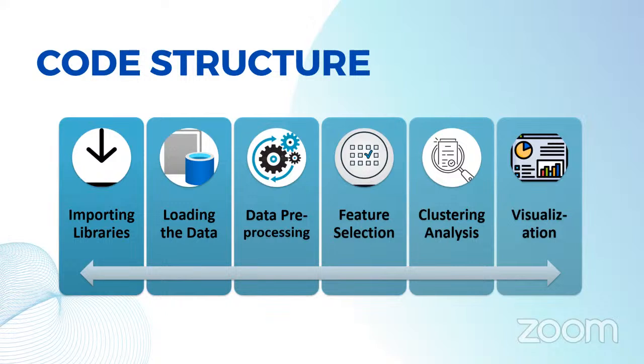In importing libraries, we import the libraries and classes which are necessary for clustering. Then we input our data on which we have to perform the clustering. Then there is the data pre-processing part.